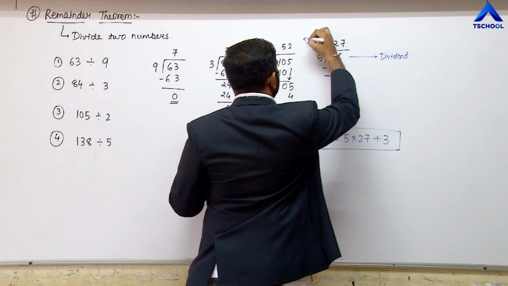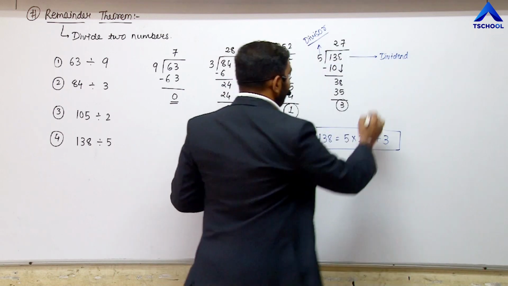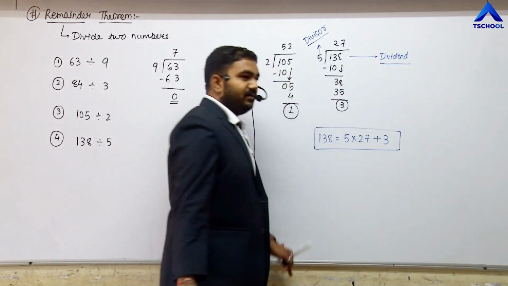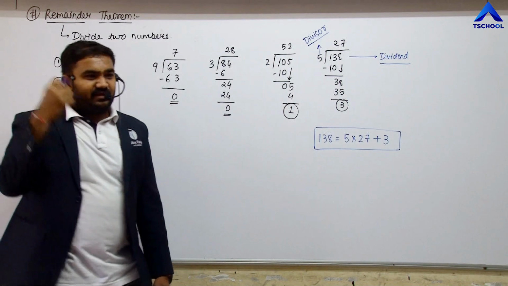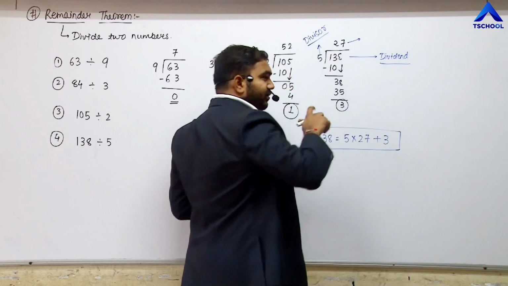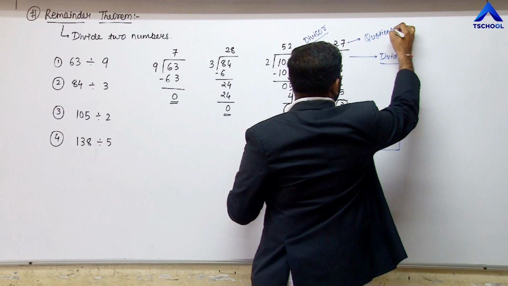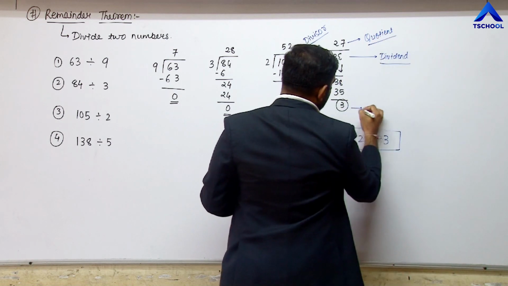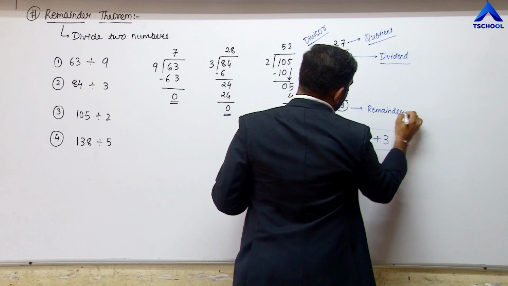That is the divisor, the number that is dividing. Then the number that we obtain as the result of the division is known as the quotient, and the number remaining at the last is known as the remainder.